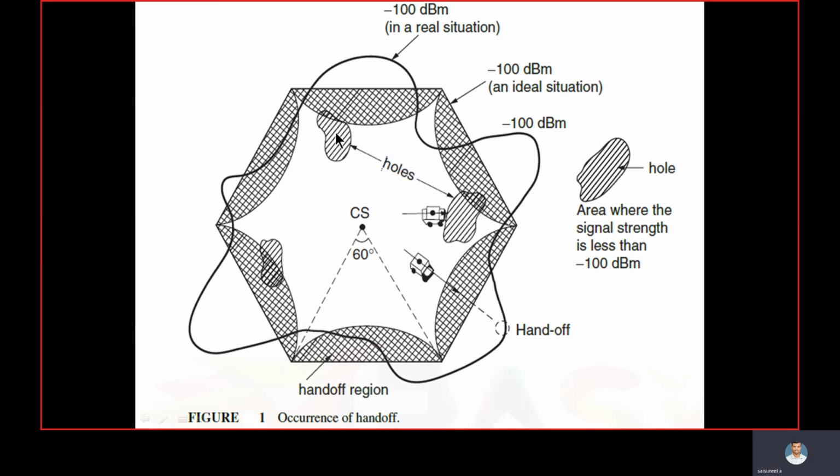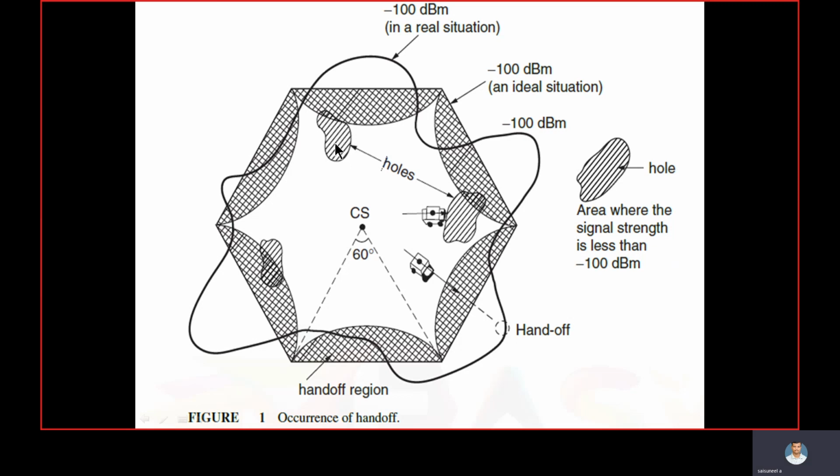In such areas the signal strength can be weak. This place is called a hole. In cellular communication, a hole is a place with very little signal strength. Another name for a hole is a gap.